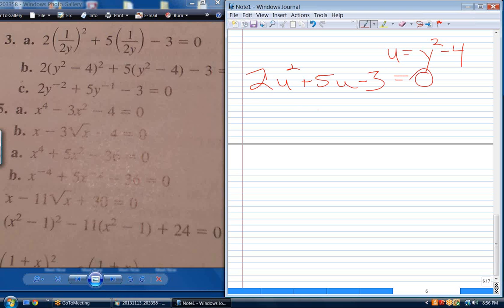I guess maybe they're facilitating our factoring. What did I decide? That was u minus 1 and u plus 3. So our solutions were u equals 1/2 and minus 3. So what is y going to be?